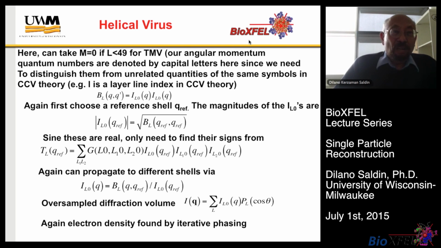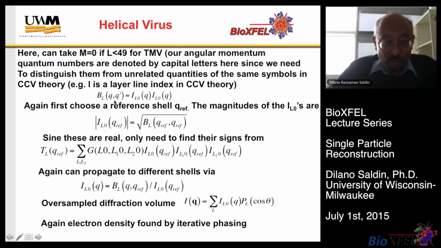Now, with the helical virus, we can also solve it for another reason. Again, we make use of symmetry. In the helical virus, if you look at the intensity coefficients of the spherical harmonic distribution, these intensity coefficients have m equals 0 for low resolution.